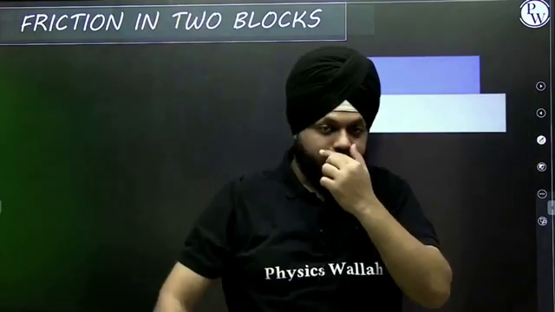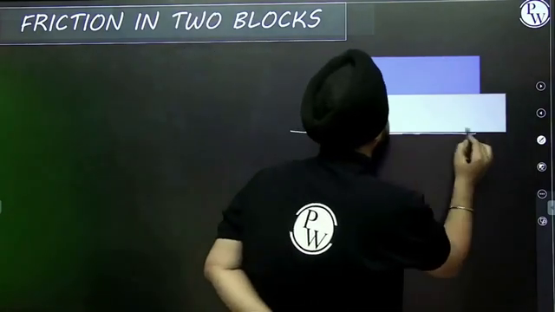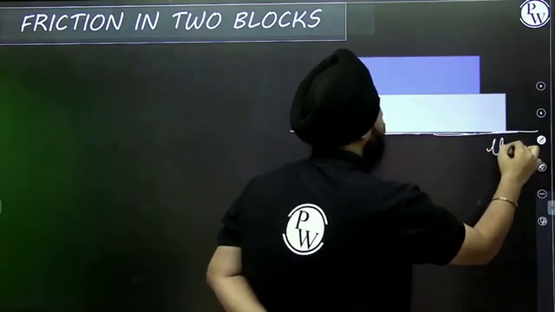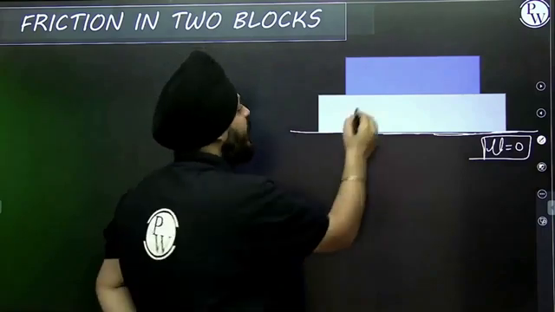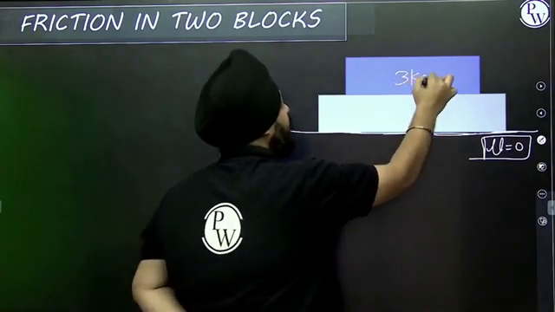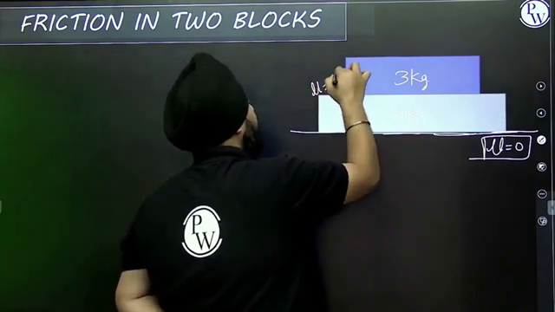Suppose this is a surface where the coefficient of friction is completely 0. This is a 3 kg mass, and this is a 4 kg mass. Here the coefficient of friction is 0.3.